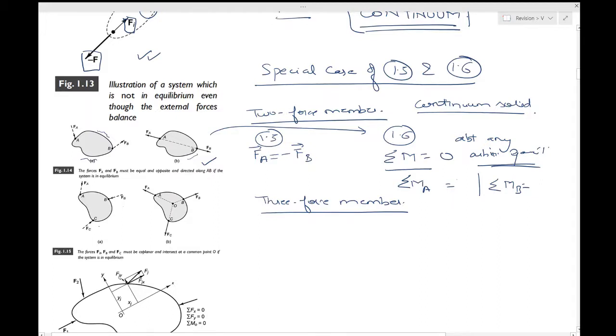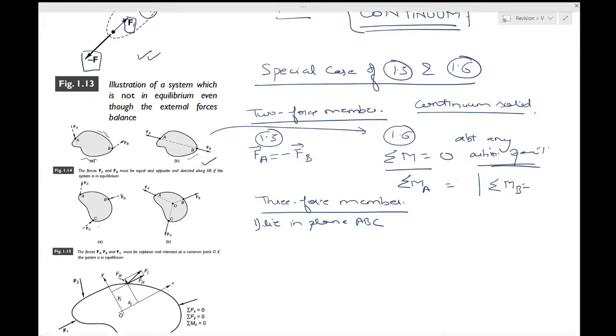Just like in the previous case, they cannot have random orientations. They must lie in the plane ABC if the total moment about each of the points is to vanish.